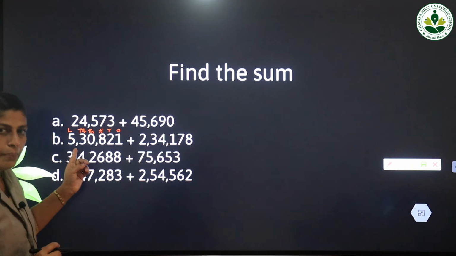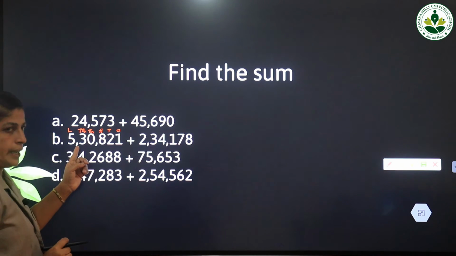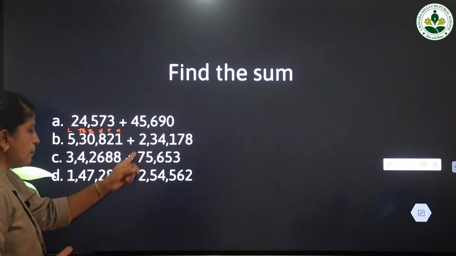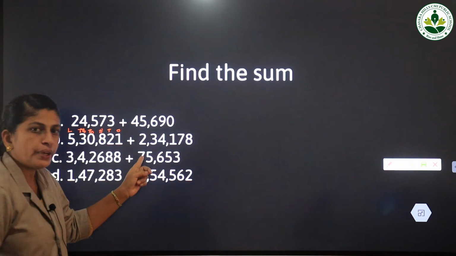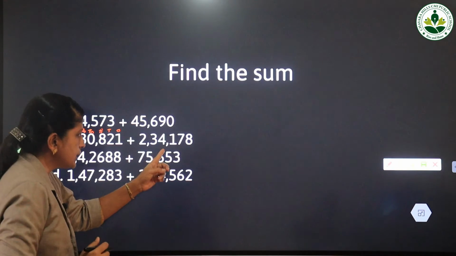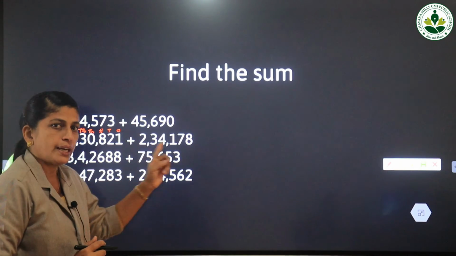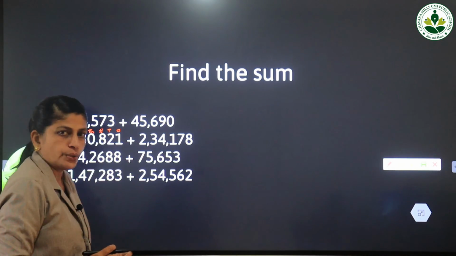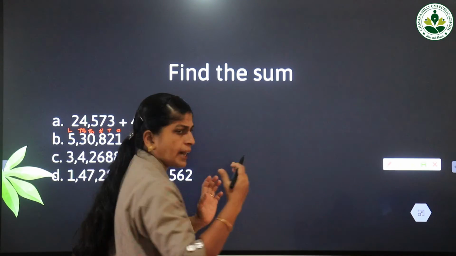Therefore, the number is 5,30,821 plus, and how do we read this number? This is also 2,34,178. Then we need to find the sum of these two numbers. First, write the first number.